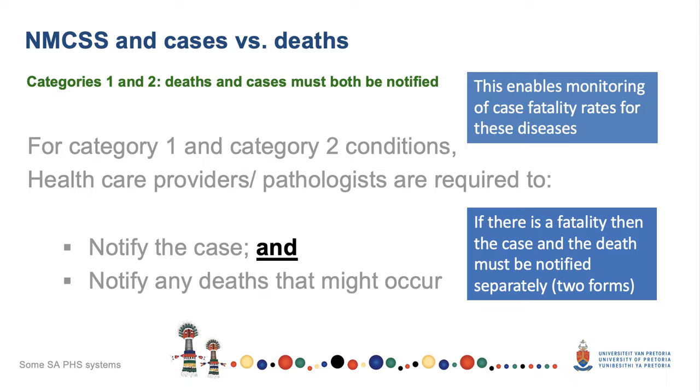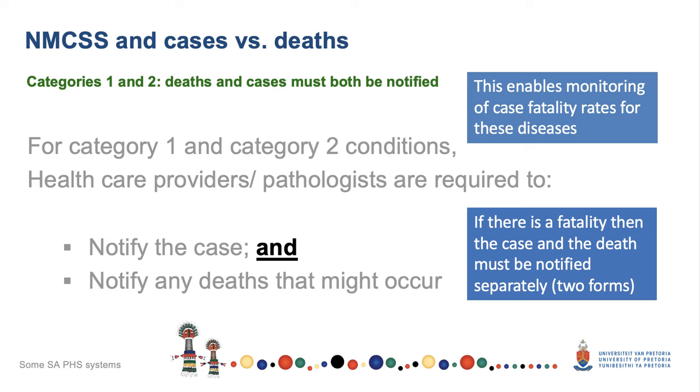Very important to note that, again, it's stated in the regulations that the reporting must take place for the case, and separately there must be reporting for any deaths. This is important because they use this information in order to look at the case fatality rates.